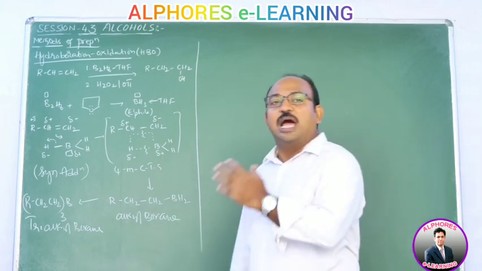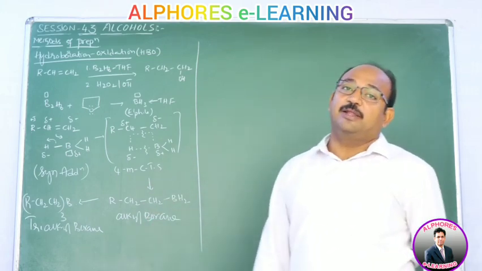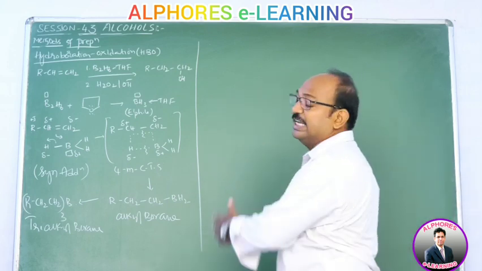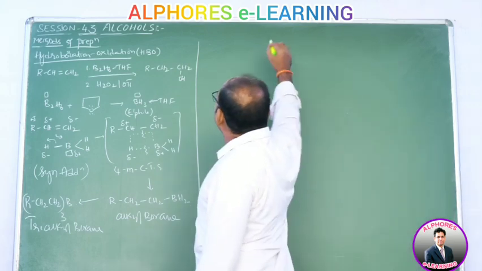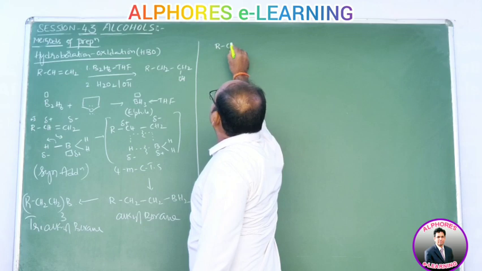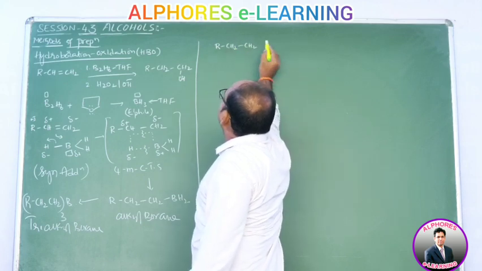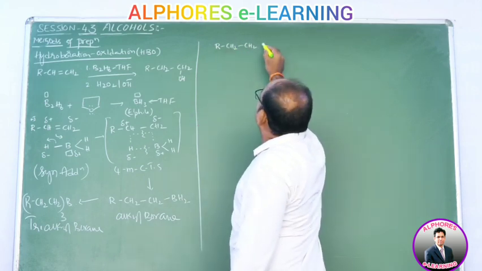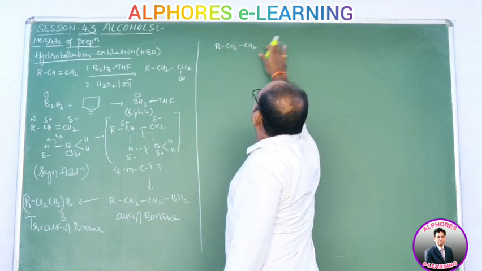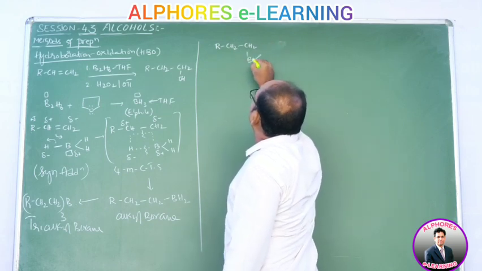Now, so far hydroboration is completed. Now, oxidation, what happened? Let us see. Here, RCH2 boron, and the remaining two alkyl groups I am going to keep like this.